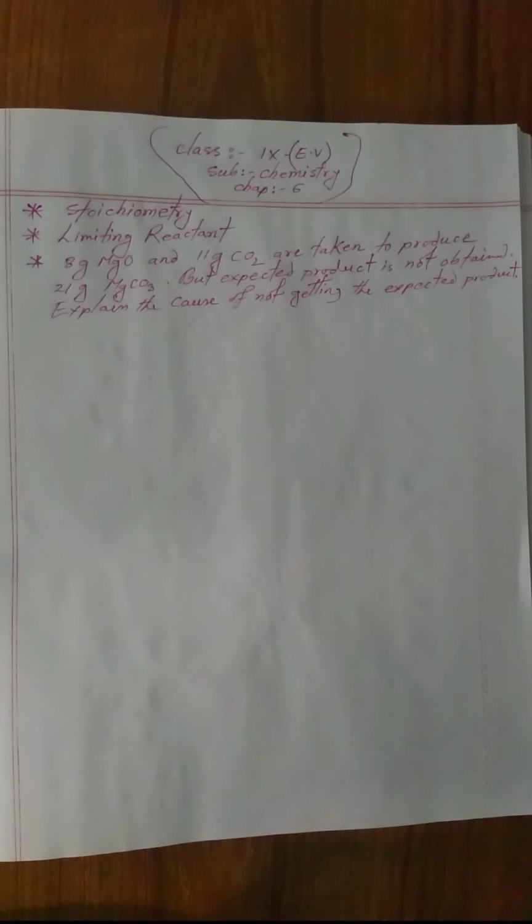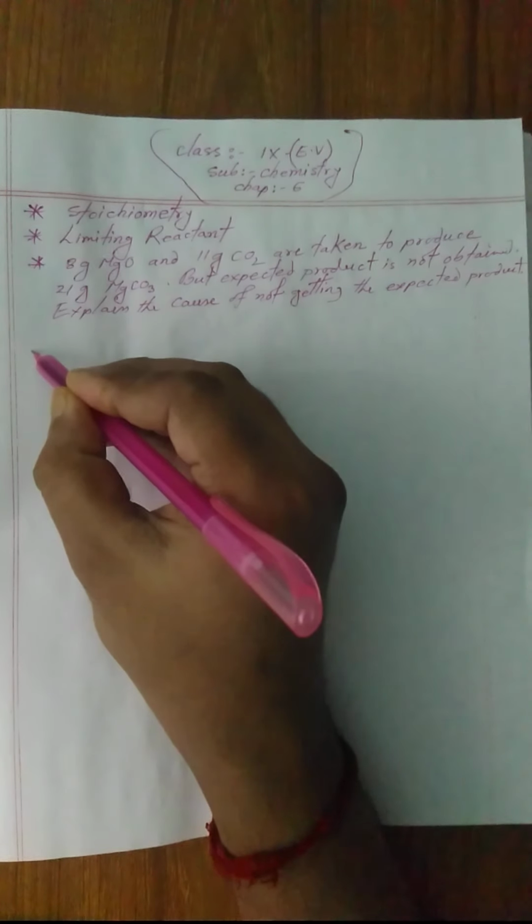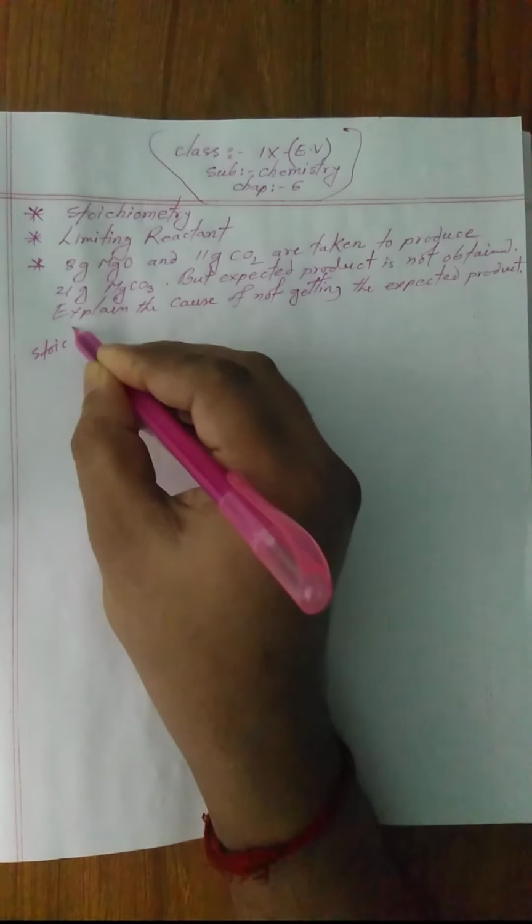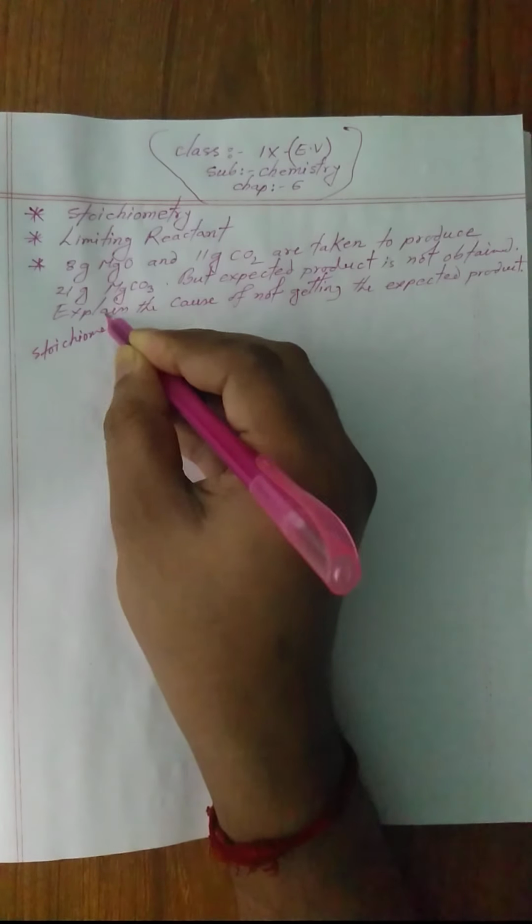First, stoichiometry. Stoichiometry is the branch of chemistry in which the amount of reactant can be measured from the amount of product. Similarly, the amount of products can be measured from the amount of reactant.